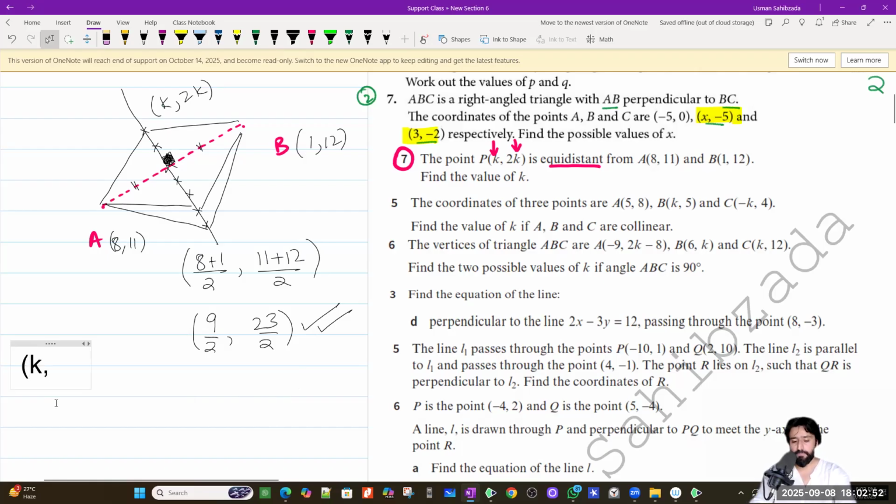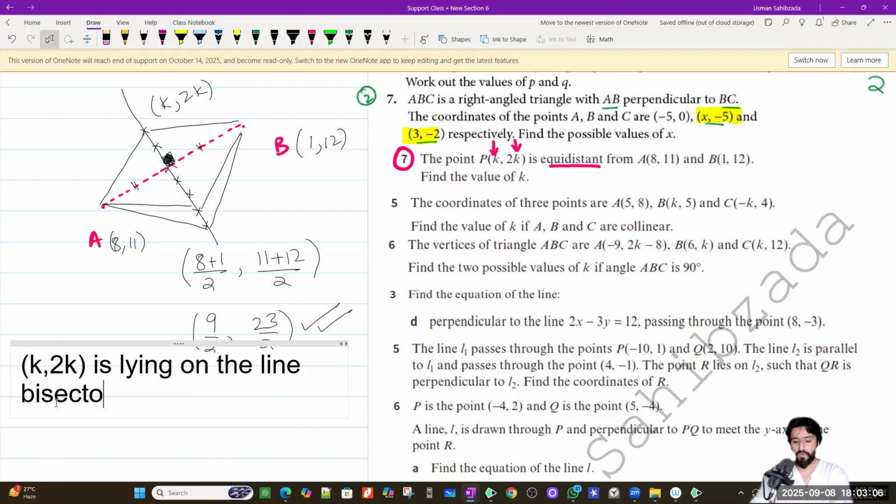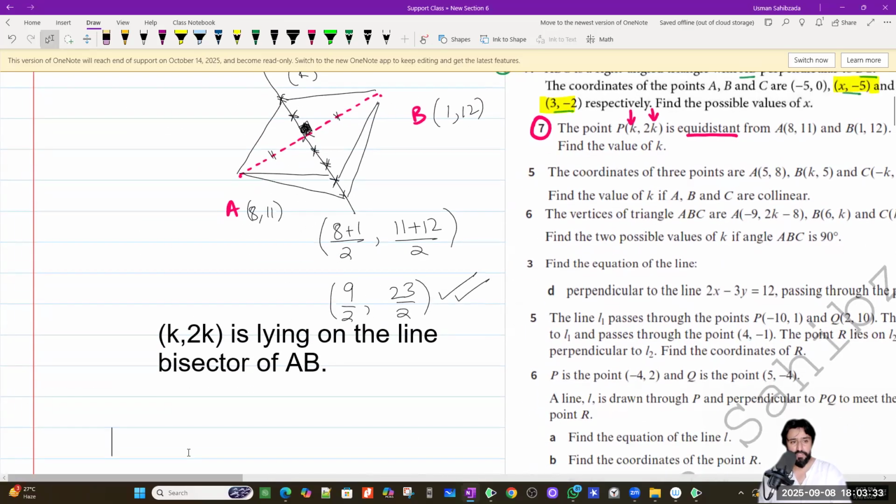K comma 2k is lying on line bisector of AB. Why? Because all the points on the line bisector of AB are equidistant, equal distance पे हैं. So it's all about getting the equation of the line bisector. अब ये मतलब it might not make sense to a lot of people अभी, but let's just work it out. फिर थोड़ा सा sense और बन जाएगा.